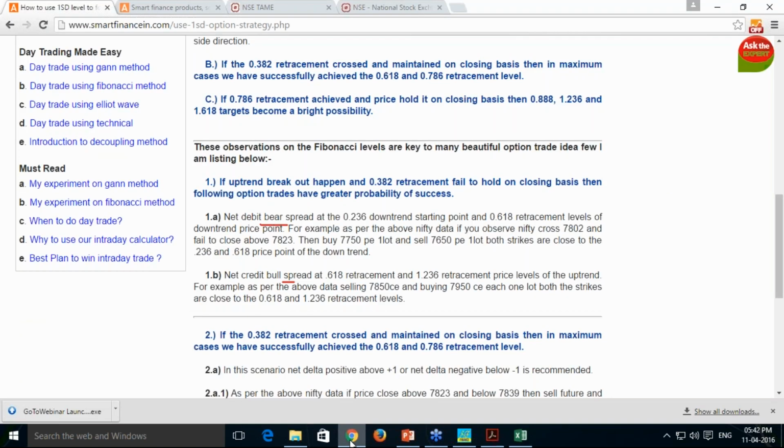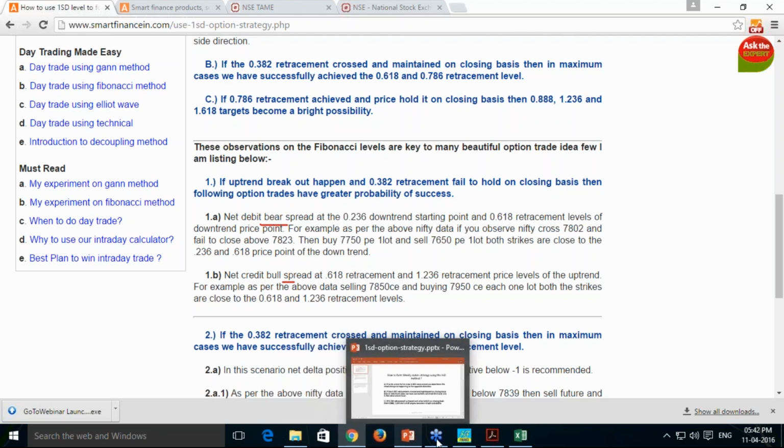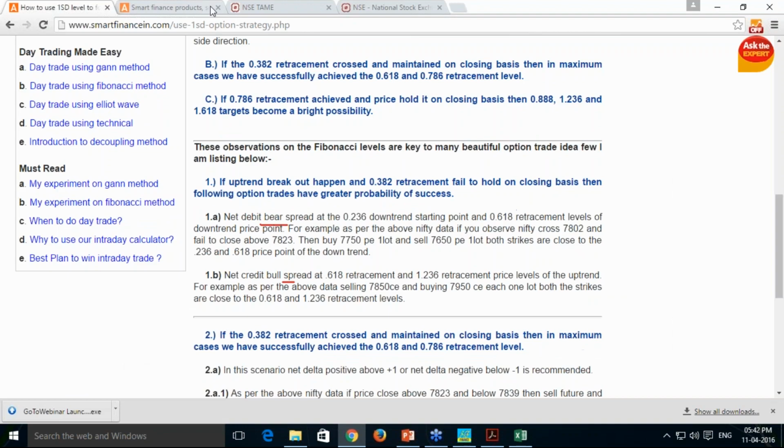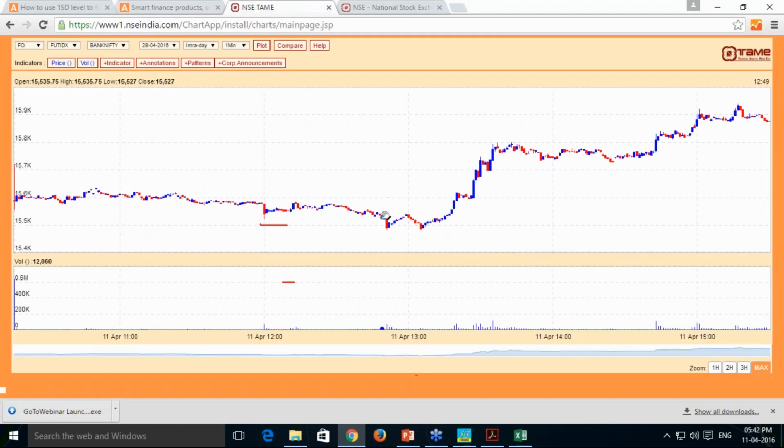This situation of the 0.382 breakout happened around 12:52.